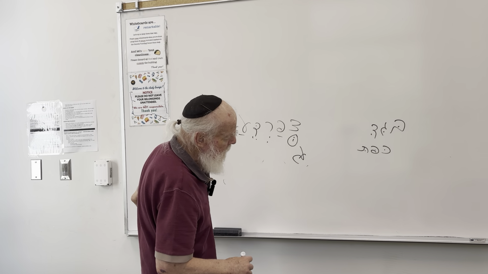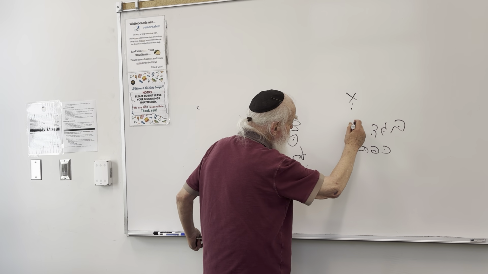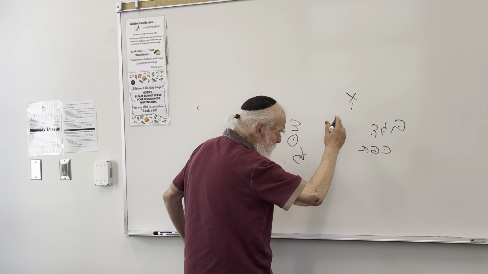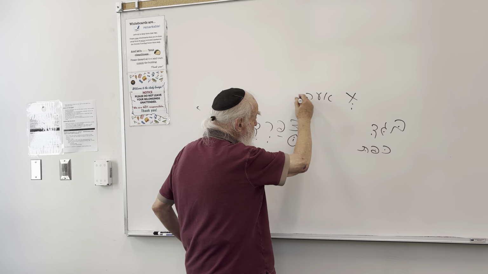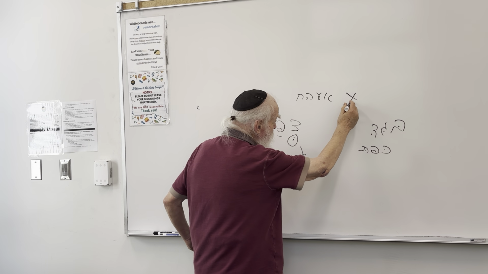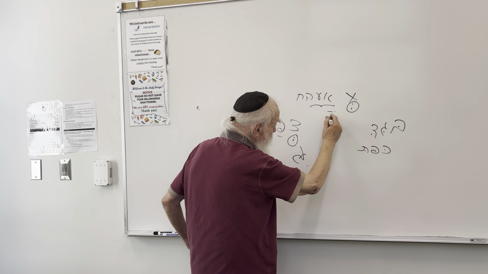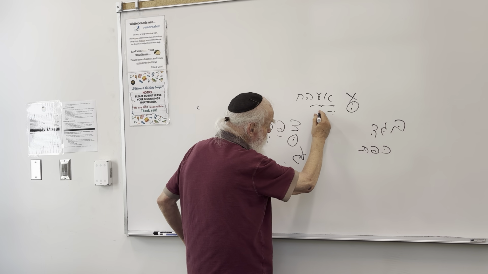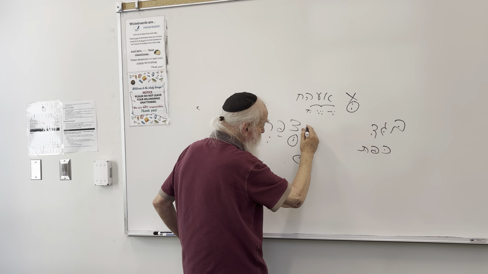The half vowels, again, are the shvana. That's for all letters. But if the letter above it happens to be a laryngeal letter, the aleph, the ayin, the hey, the het, then that shvana is not possible, and it will be converted to either a sound with a patach, or a sound with a segol, or a sound with a short kamatz, a chataf kamatz.